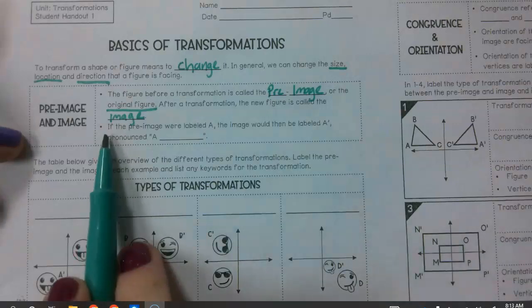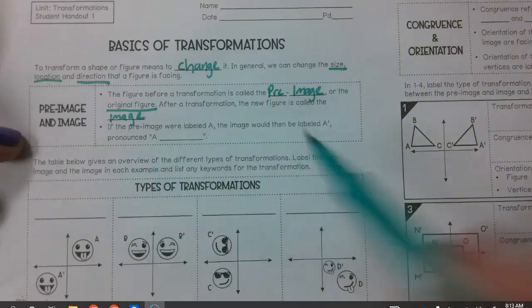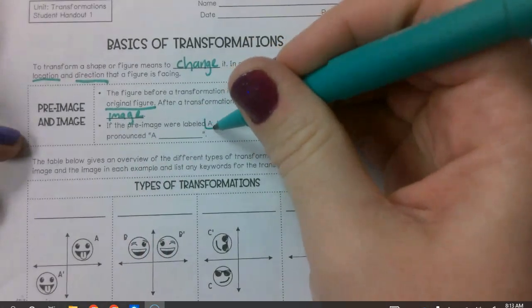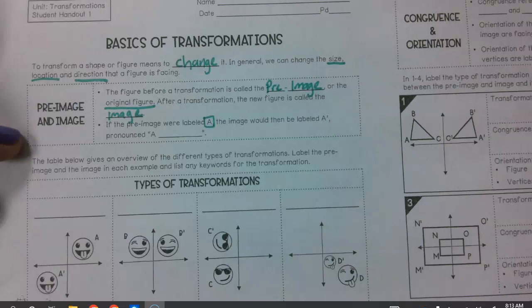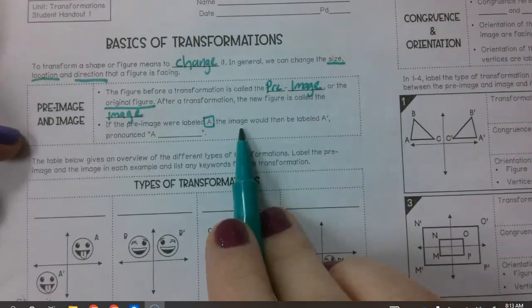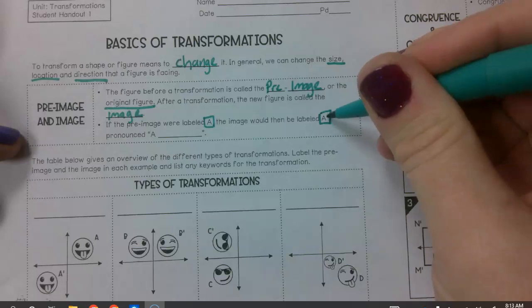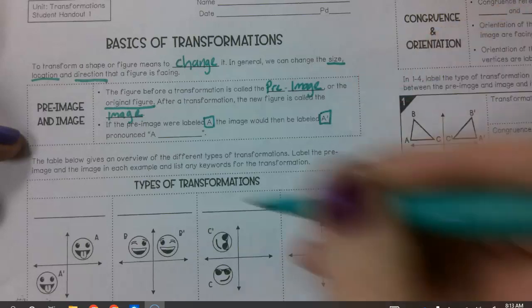All right, if the pre-image, okay, the original was A, okay, we have shape A. When we make an image, or after we've transformed it, we then call it A prime. Okay, this little mark right here is called prime.